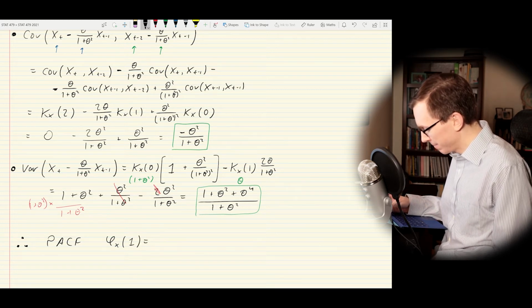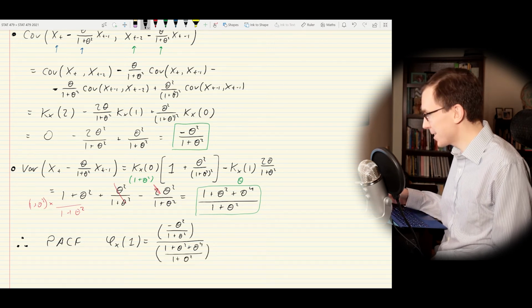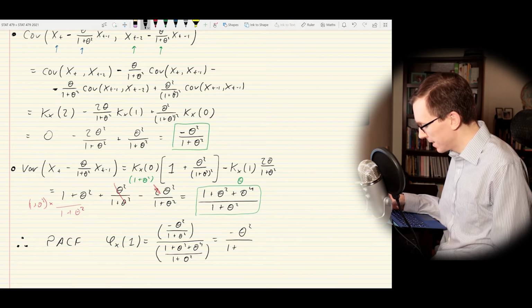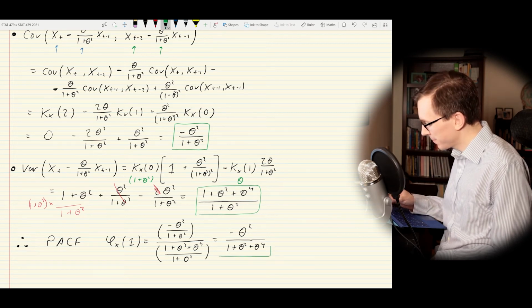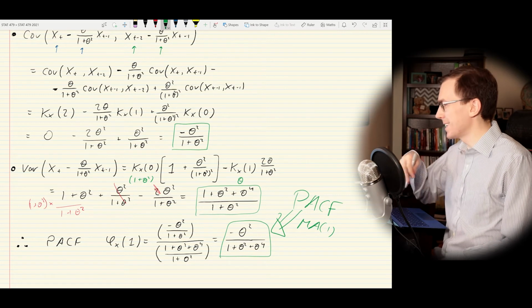Well, it's going to be minus theta squared over 1 plus theta squared, divided by 1 plus theta squared plus theta to the 4th divided by 1 plus theta squared. The 1 plus theta squareds cancel out, and we're left with a minus theta squared over 1 plus theta squared plus theta to the 4th. Whew. And this guy is the PACF for an MA1 process.